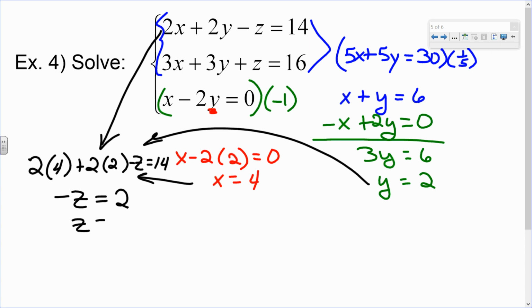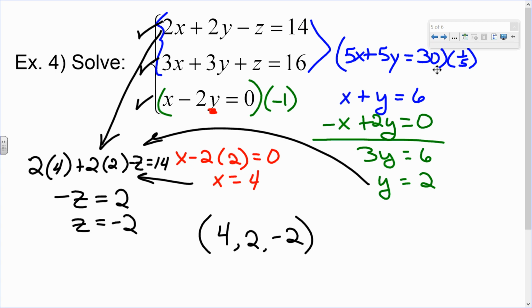Yeah, so z is negative 2. And then I can write that as a triple since this was a system. x is 4, y is positive 2, z is negative 2. And I could plug those into all three of these original equations, and they would all work. So anybody with questions on that?